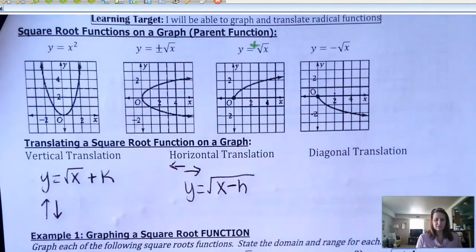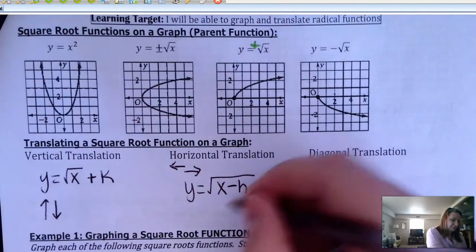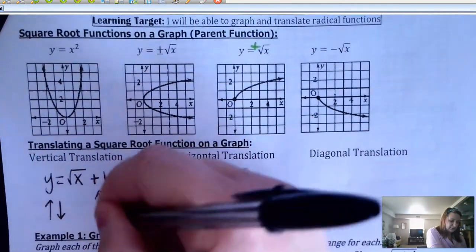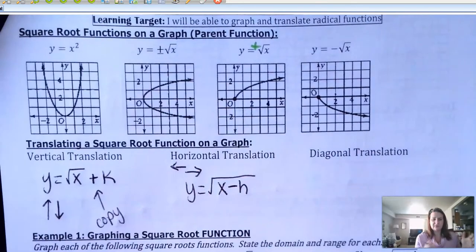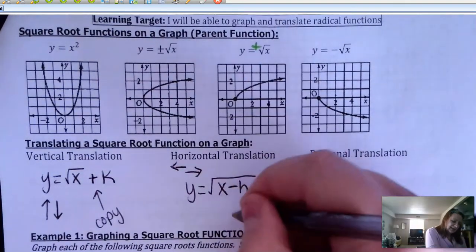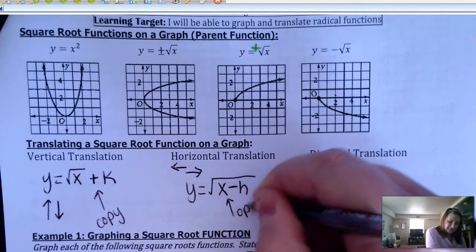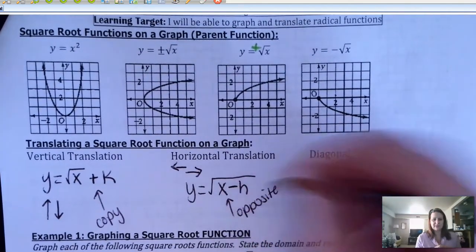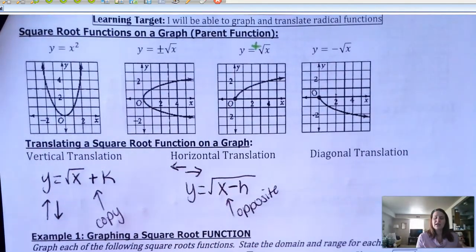I'm going to write it like this: y equals the square root of x minus h. Here's the deal. If it's outside and it's positive, it's going to go up. If it's negative, it's going to go down. If it's inside, it's going to be the opposite of what it looks like. So if it looks like a minus, it's actually going to go to the right, and if it looks like a plus, it's actually going to go to the left.